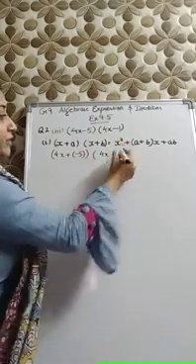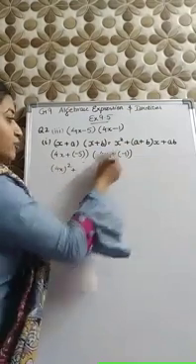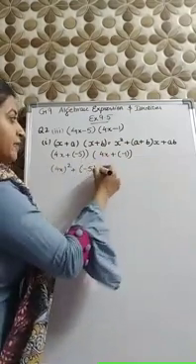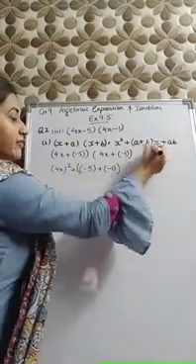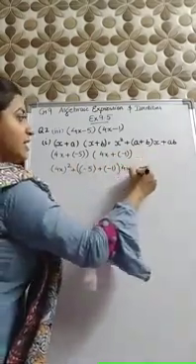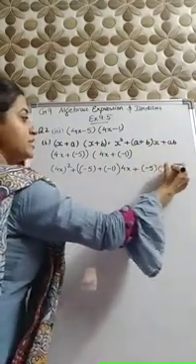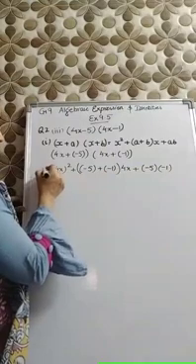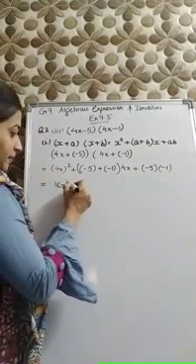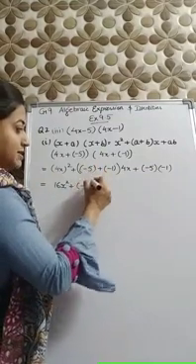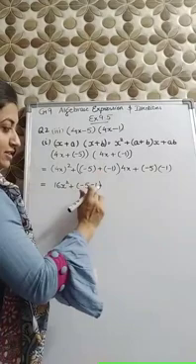That's why we have changed this to positive. Now put the value here. Value of x is 4x, value of a is minus 5, value of b is minus 1, close the bracket. Now let's solve this. This will give you 16x² plus, this is minus 5 minus 1, or you can write the direct answer, that is minus 6.